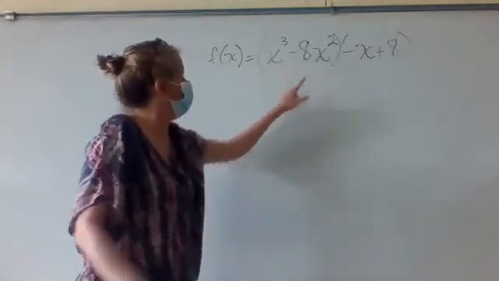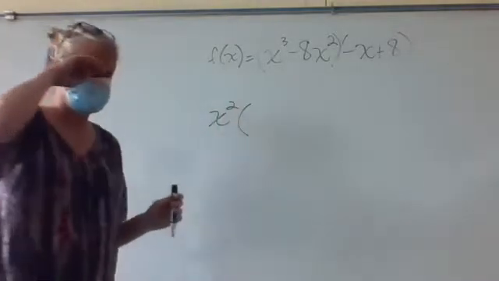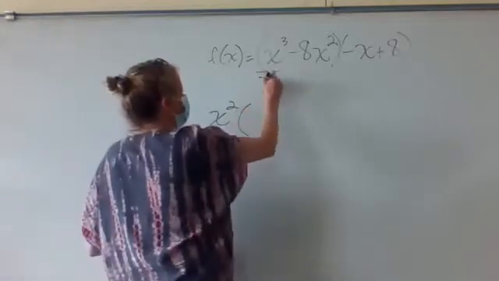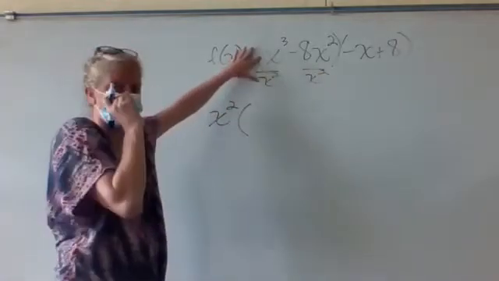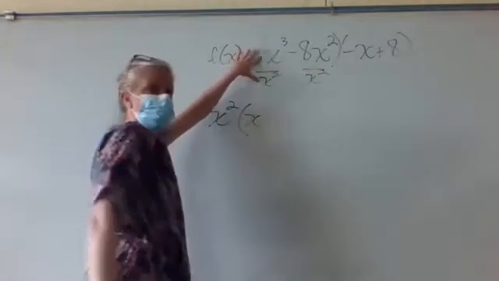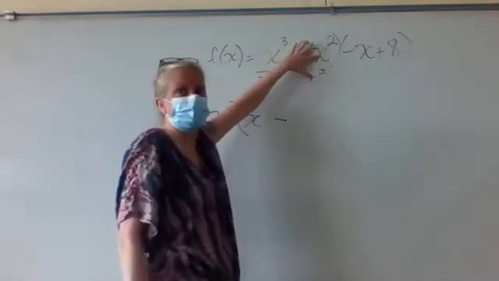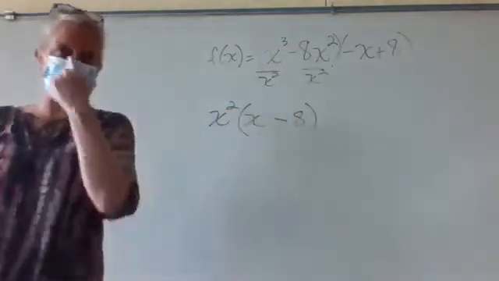I can pull out an x squared from that first group. If I took out x squared from that first term, I'll still be left with an x. Minus, if I took the x squared out of this term, I'll just be left with that 8. So there's the first group factored.